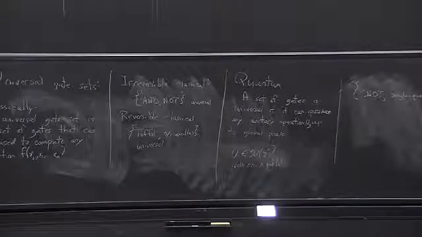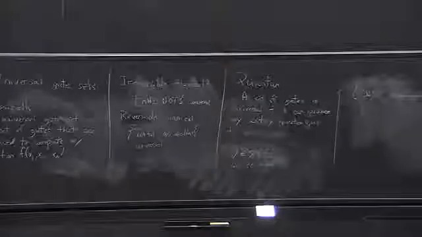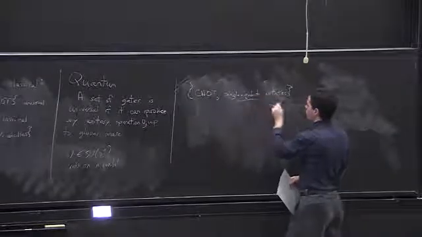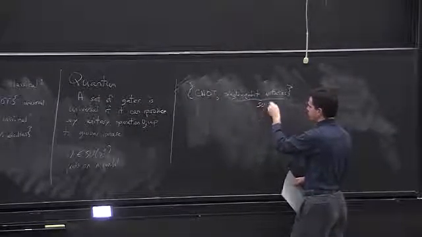You can rotate around some other axis. You can do reflections. Anyway, single-qubit unitaries basically form SU(2).